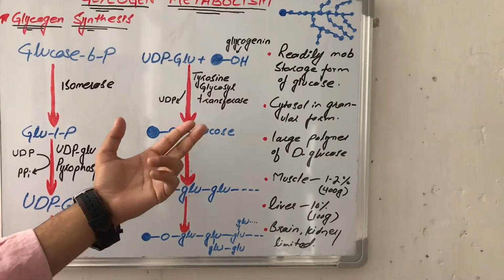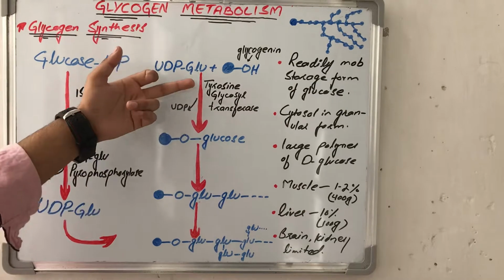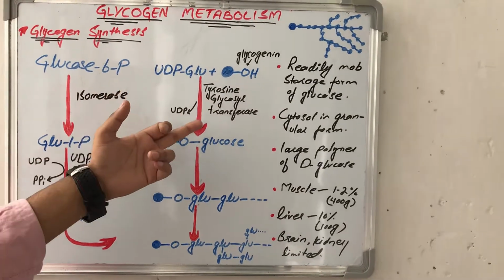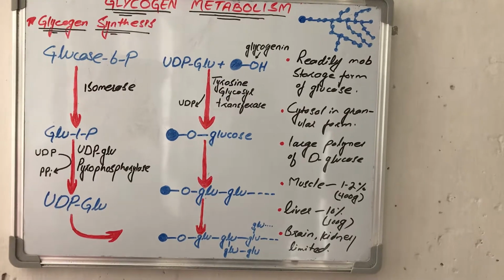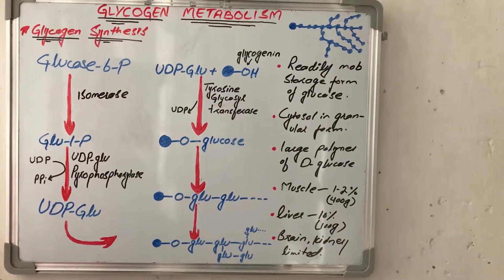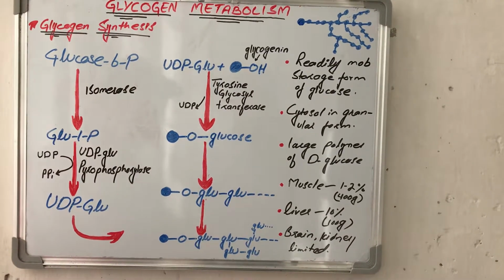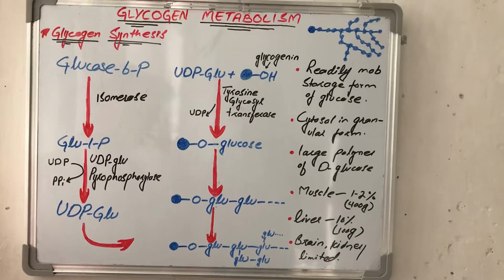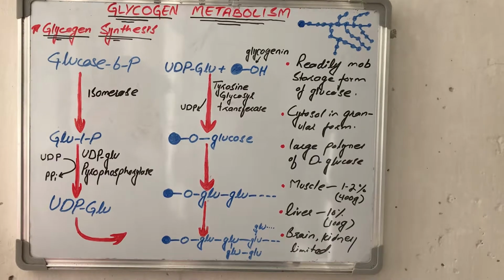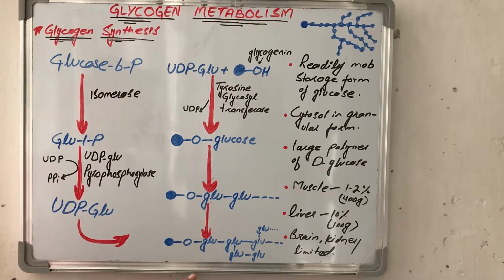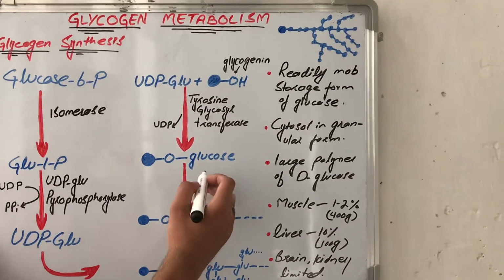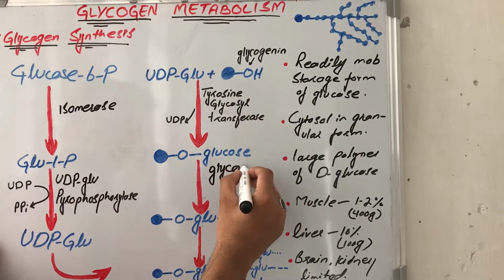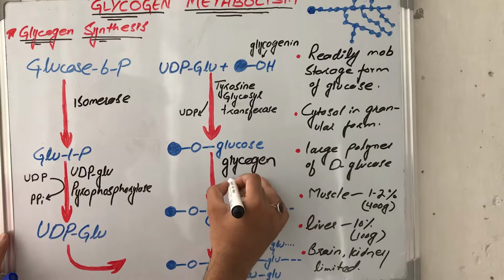So the initial step is carried out by the enzyme we discussed, tyrosine glycosyl transferase. After the initial addition of glucose to glycogenin, another essential enzyme works here, glycogen synthase.